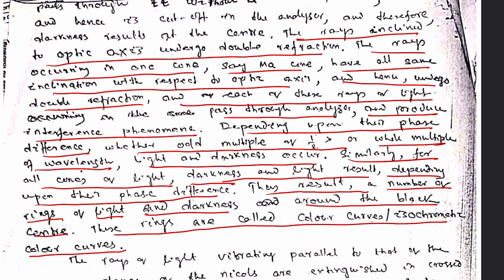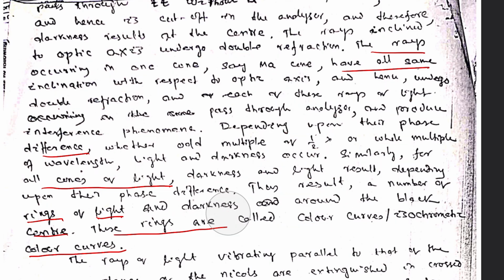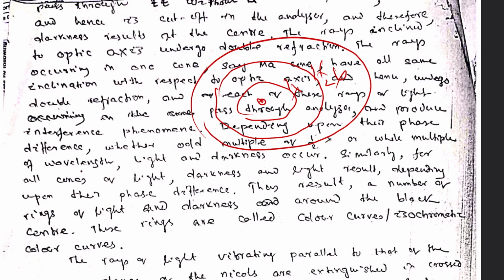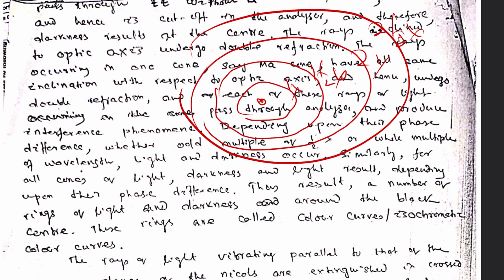So what did we find? We found a dark center, and around it the rings: ring of 1 wavelength, ring of 1.5 wavelength, ring of 2 wavelength, ring of 2.5 wavelength, like this.